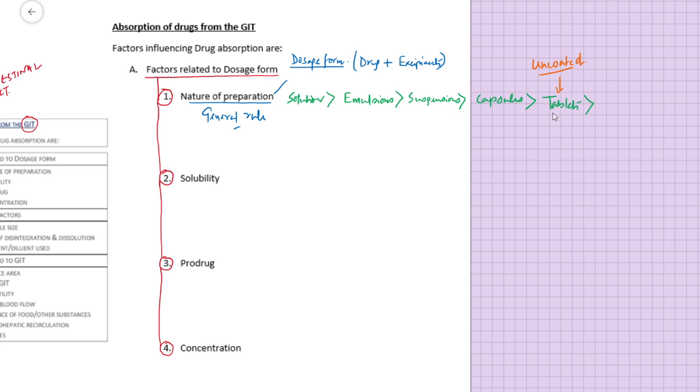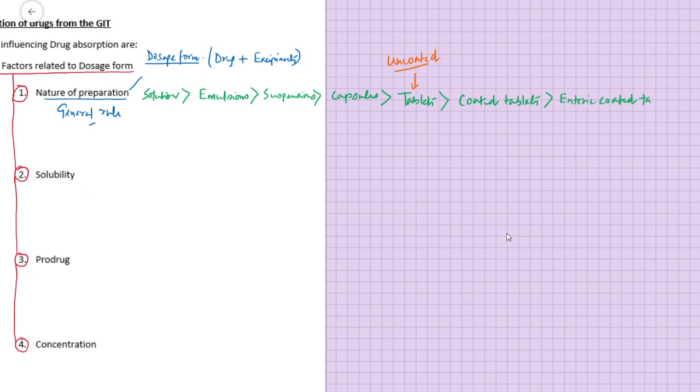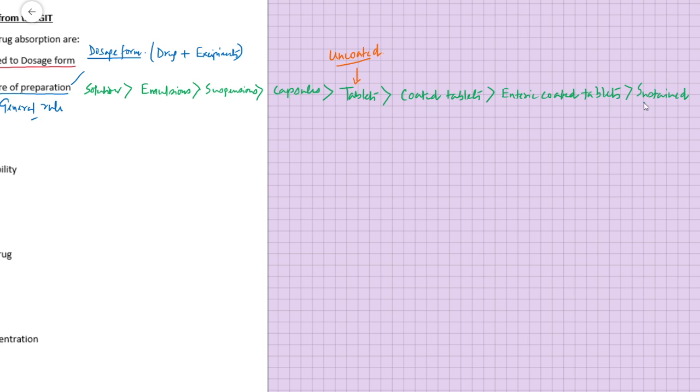Uncoated tablets are absorbed faster than coated tablets, which in turn release the drug faster than enteric coated tablets, and enteric coated tablets release the drug faster than sustained release tablets.